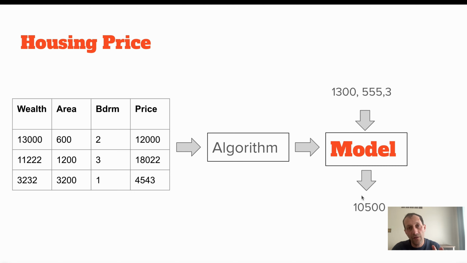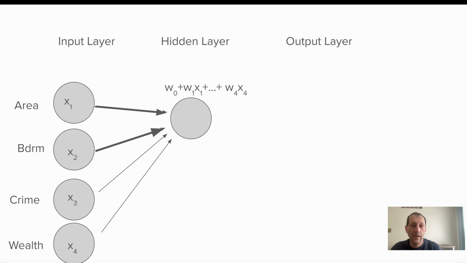Now, we solved this before using linear regression. So let's start there. Here you see this linear regression, but with a different visual. There's nothing new in terms of how we built a model, just a different visualization.